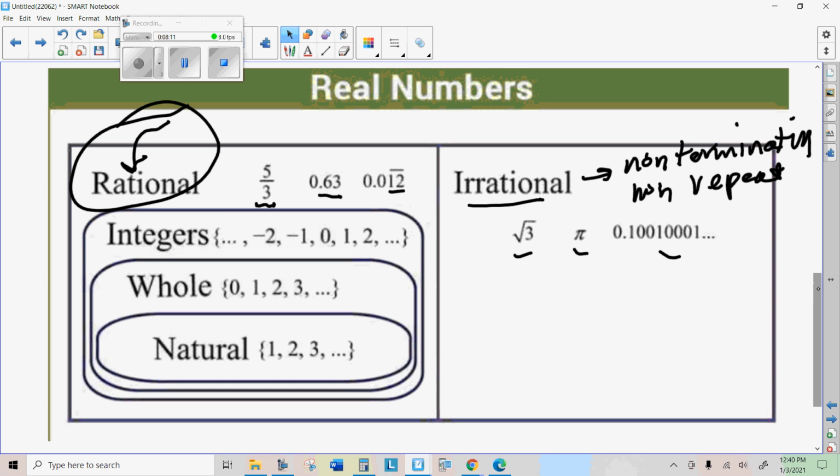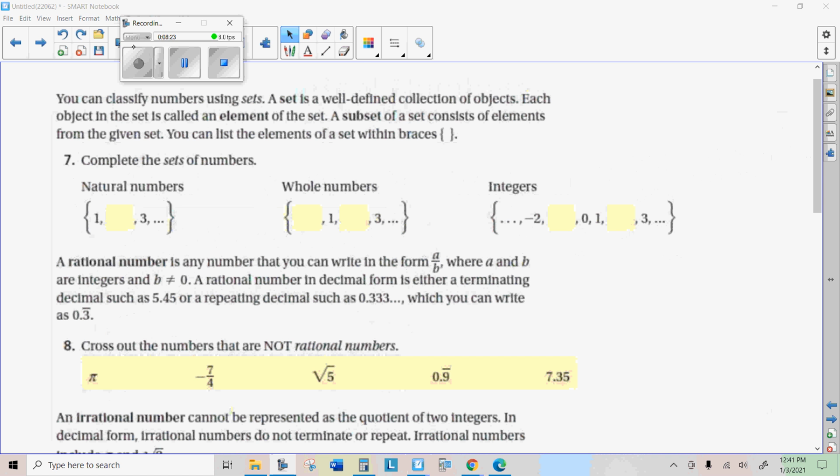Now, integers, wholes, and naturals are not part of that. They're just whole numbers. Some are positive, some are negative. Okay, so let's review classifying these number sets. Natural numbers start at 1 and just go up by 1.